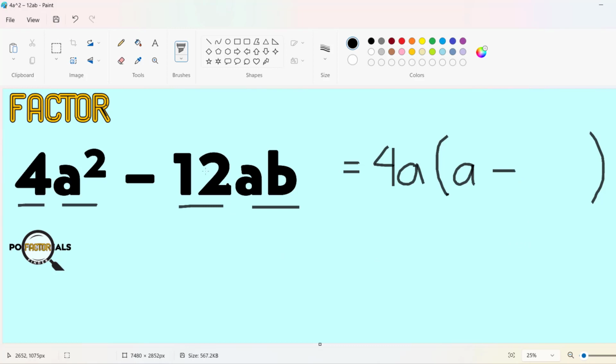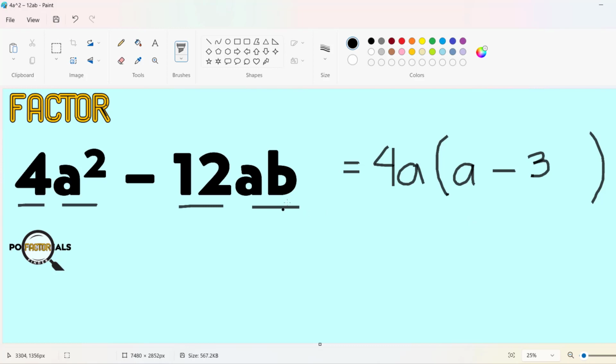Now we remove 4 from 12. The answer is not 8 because we're talking about a factor, not subtracting 4, but a factor of 4. We know that 12 is a result of multiplying 4 and 3. That is why the remaining numerical coefficient for the second term is 3.